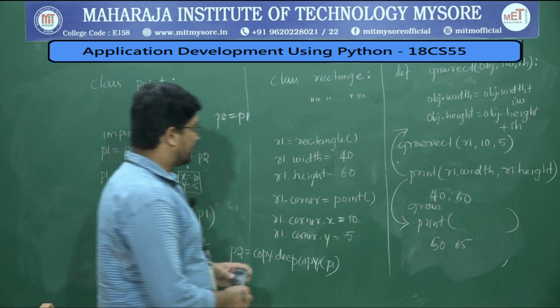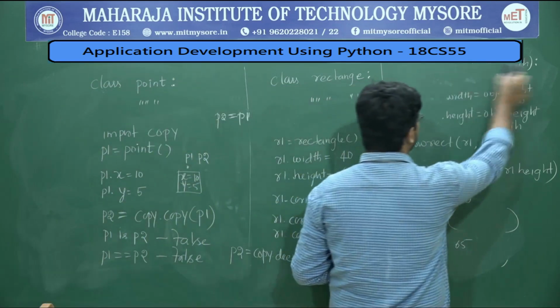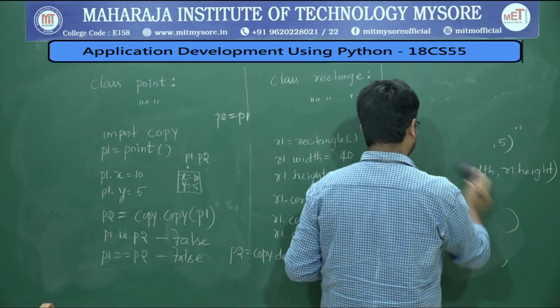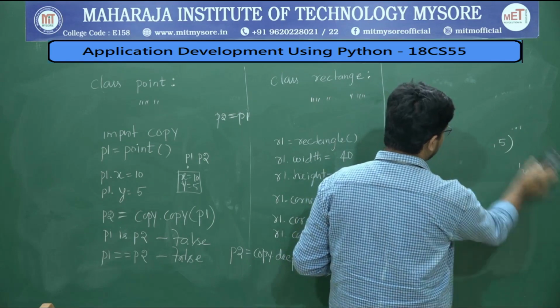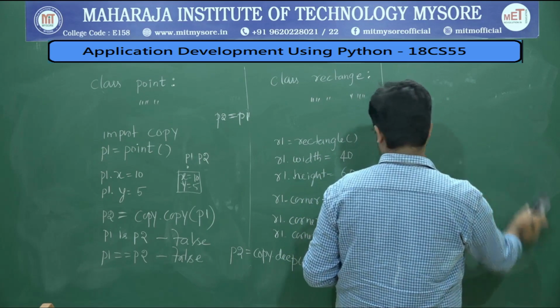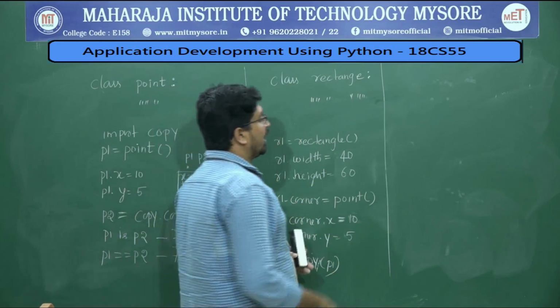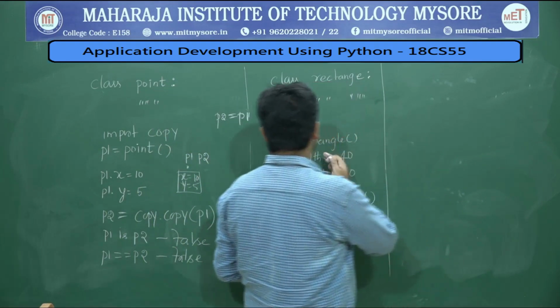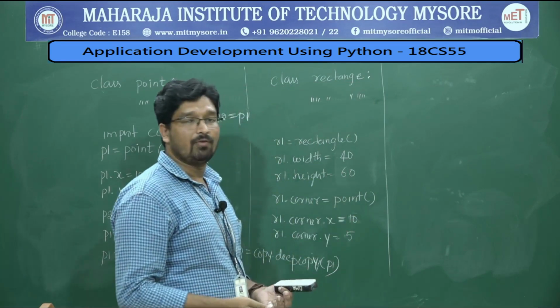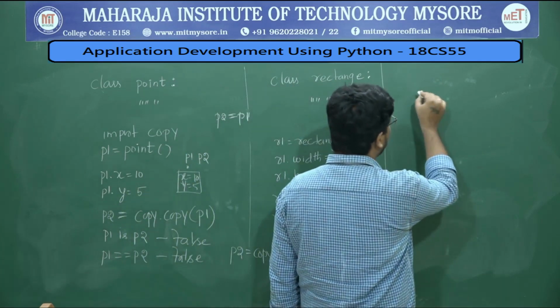Okay, let me write the same example for our rectangle object. Let me consider there is an R1 object already. I want to copy it into one more rectangle with the same values. So how to write?